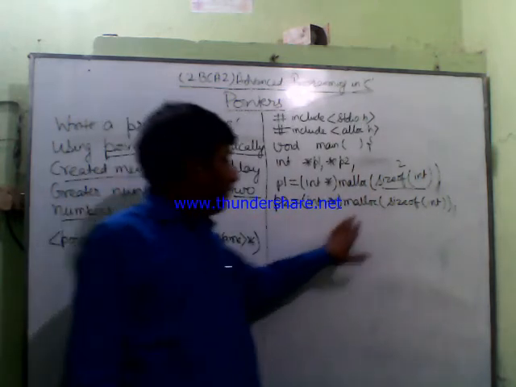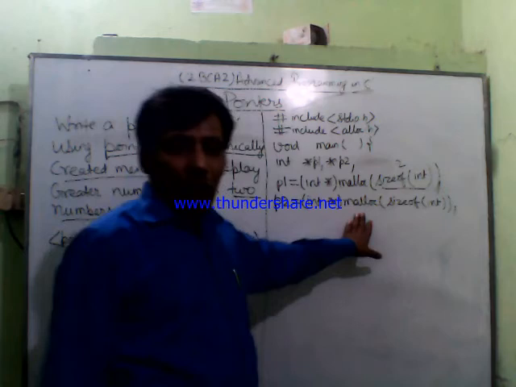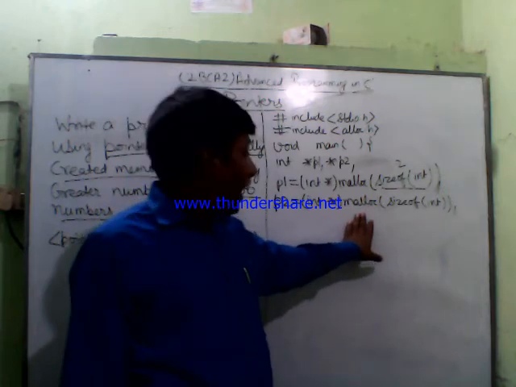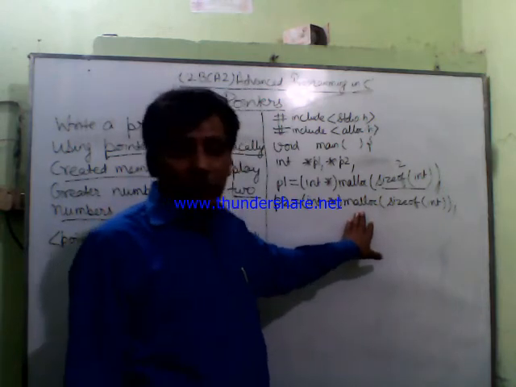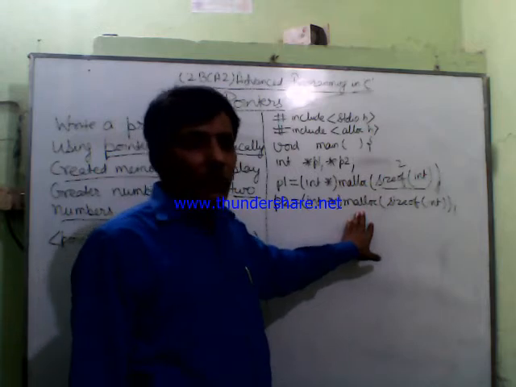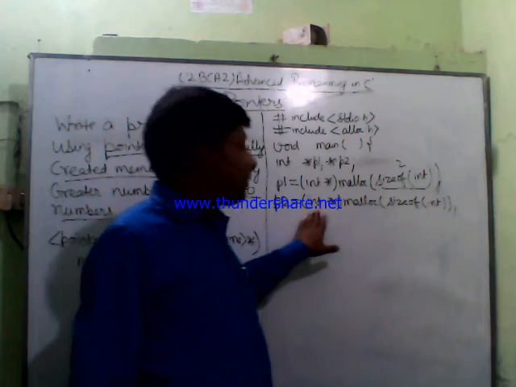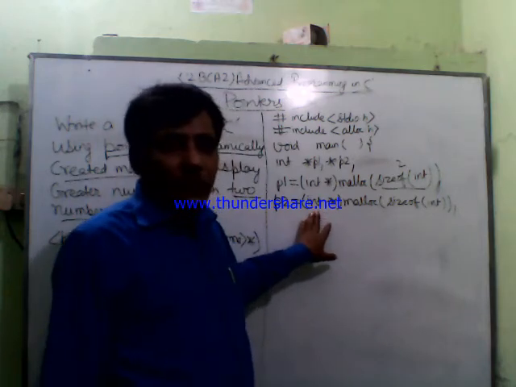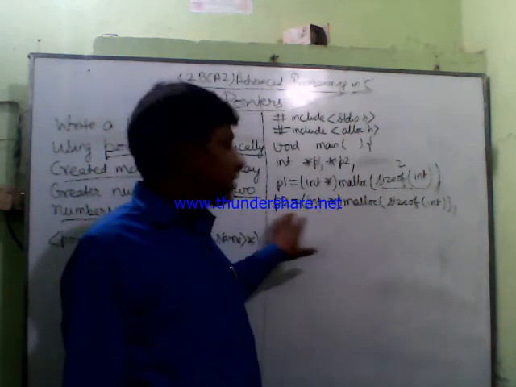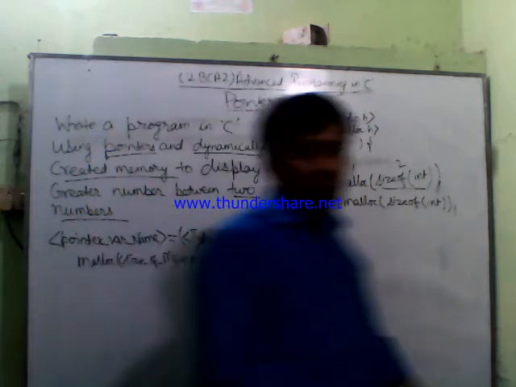This malloc will attempt to allocate another memory, and if it executes successfully, it will return another address that will be typecasted into an address of integer type of memory, and that will be assigned to the pointer P2.